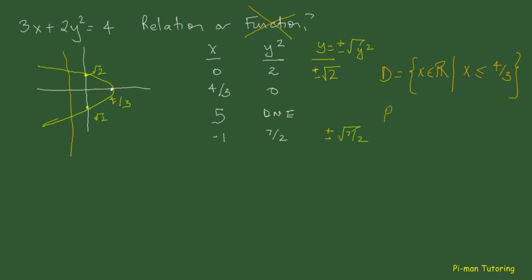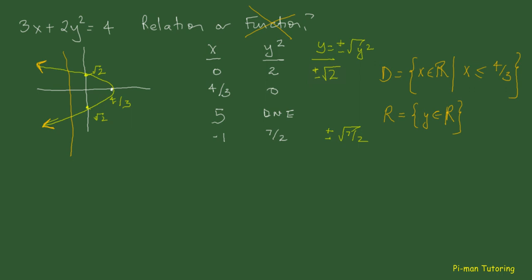The range, the y values, can be any real number. As you can see from the graph, the y's are heading more and more positive on the top half, more and more negative on the bottom half. There's no restriction on y at all. And so y is just a member of the set of real numbers.